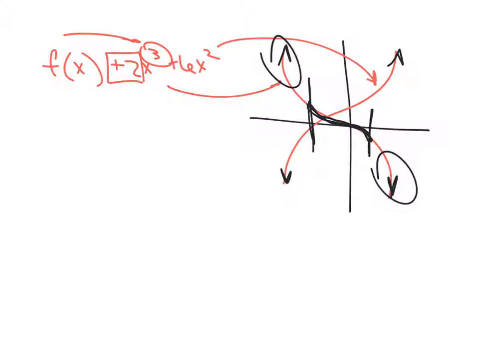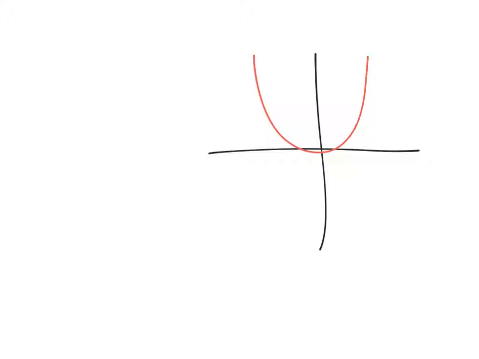So, the graph of a quadratic function, which is one that has a 2 as the highest exponent, is a parabola, and that parabola has a turning point. Okay, it's going to turn at some point here at the vertex.